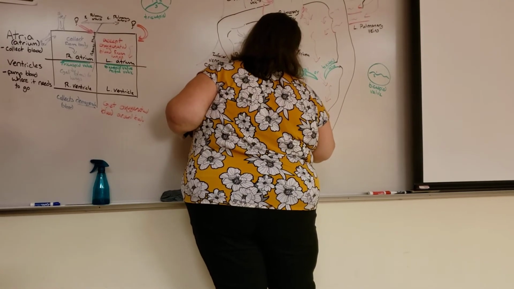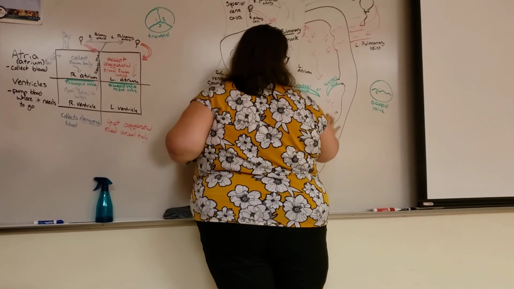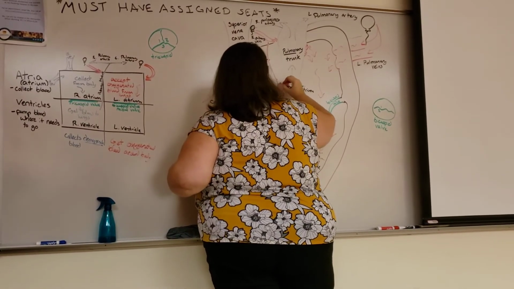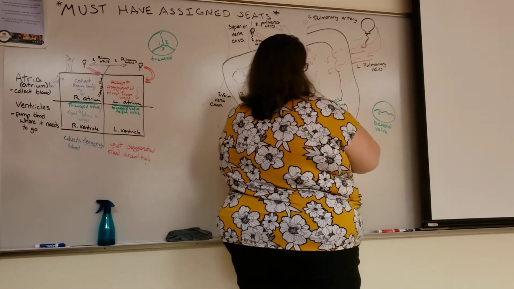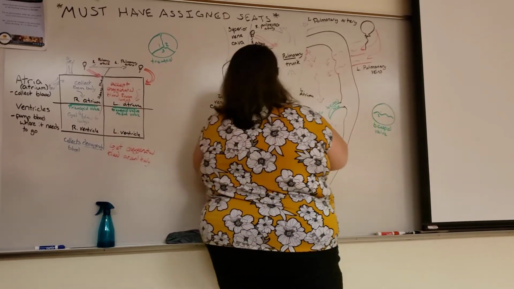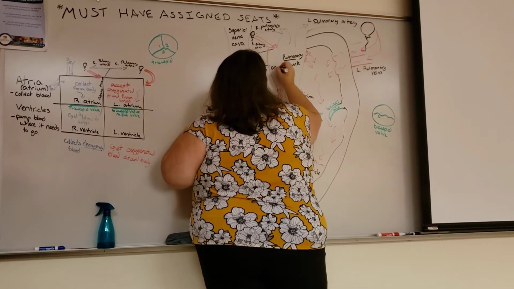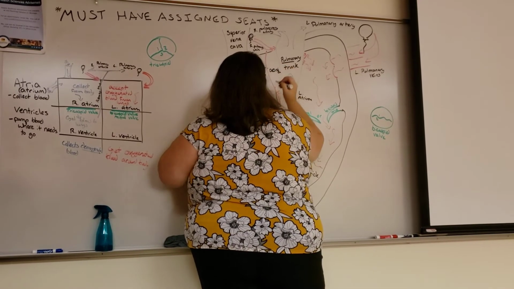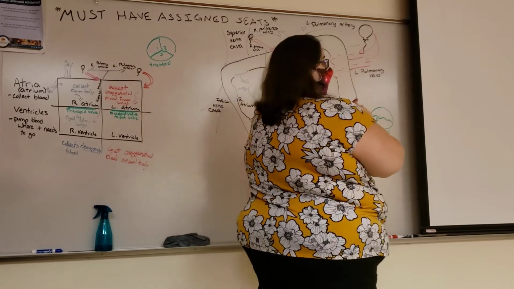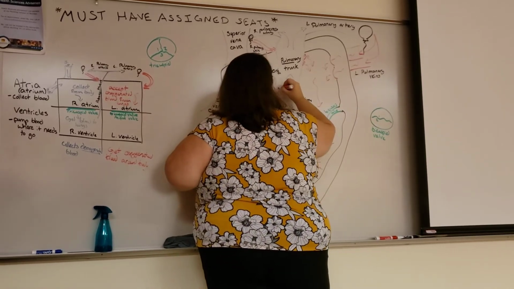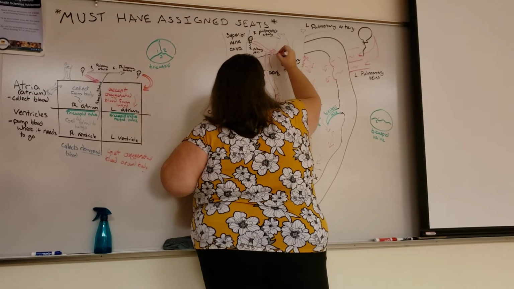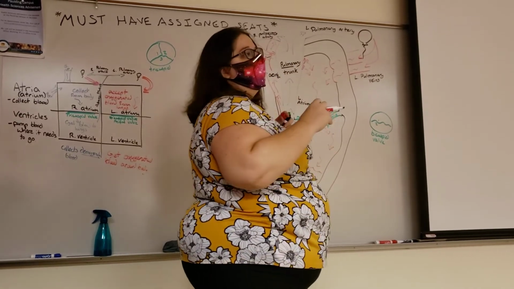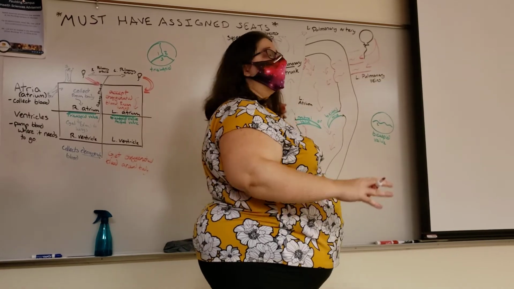And all of your blood goes from your left ventricle through the aorta, which is the name of the biggest artery in your body. And it goes from your aorta everywhere else in your body.